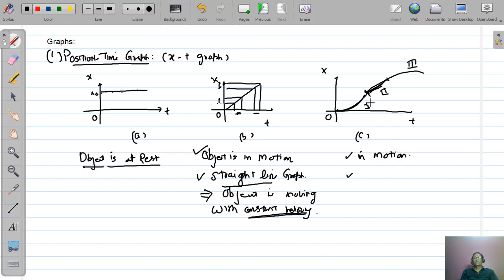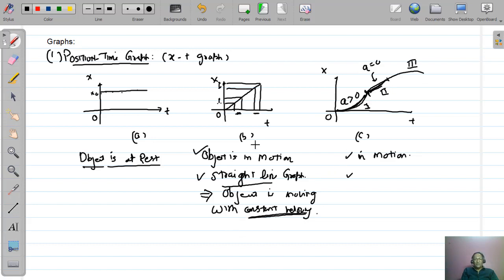Then second, as this is upward, it refers that acceleration is greater than 0. That means acceleration is positive. Here velocity is constant, that means acceleration is 0. Acceleration is the rate of change of velocity, and because velocity is constant, acceleration will be 0.